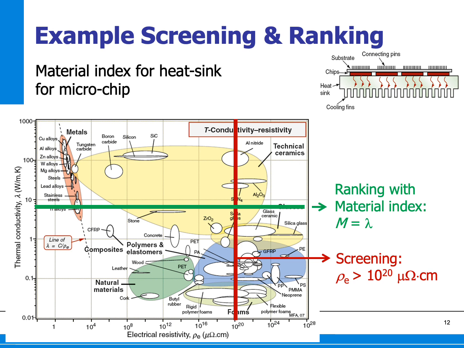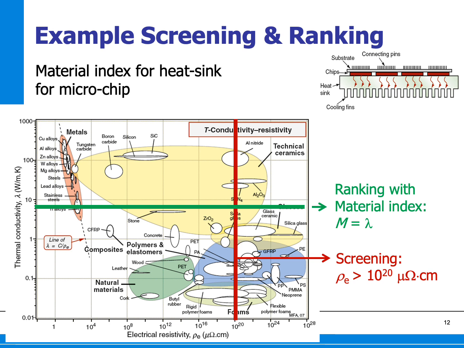So that's the screening, and then we'll have a look at the ranking. We said we would like to find materials with the highest thermal conductivity. That's represented by the symbol lambda, and this expression tells us the material index M is lambda, the thermal conductivity. So what do we want to maximize? We want to maximize the material index M, meaning we want to maximize the thermal conductivity.